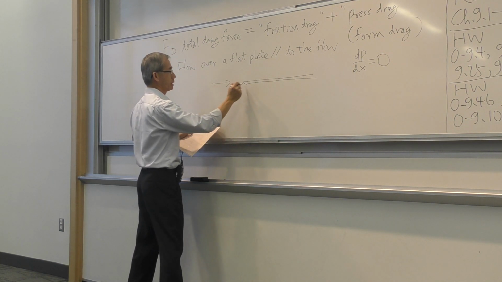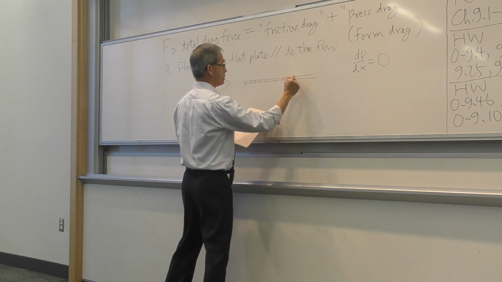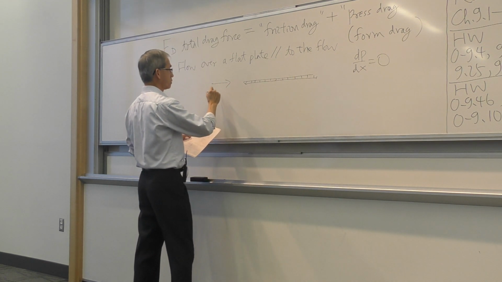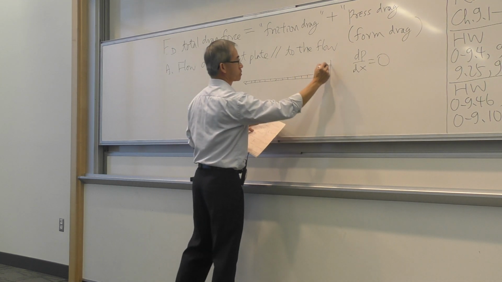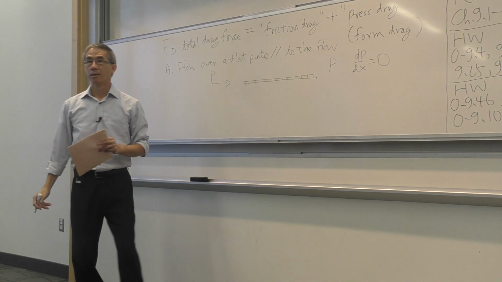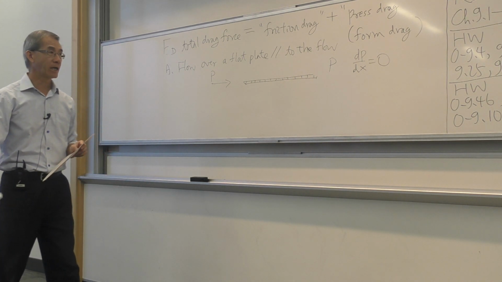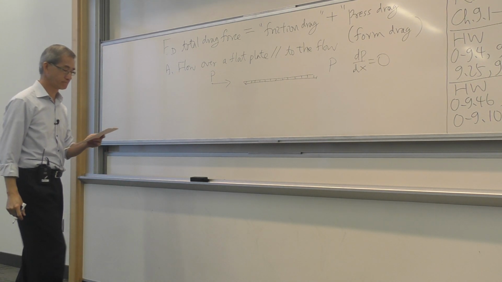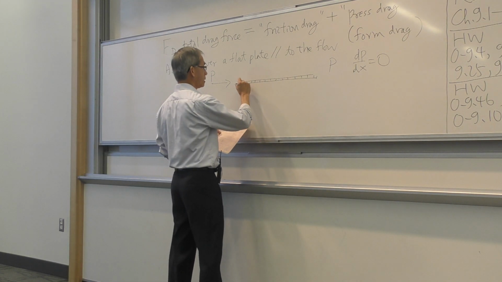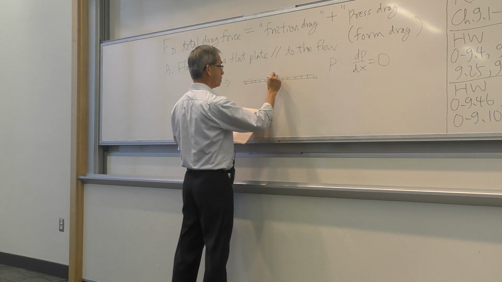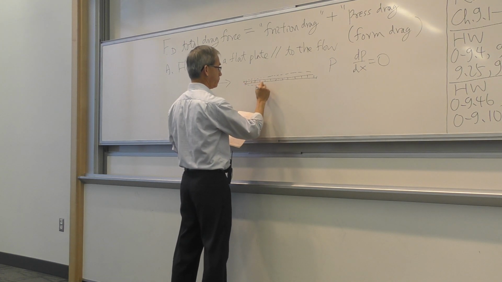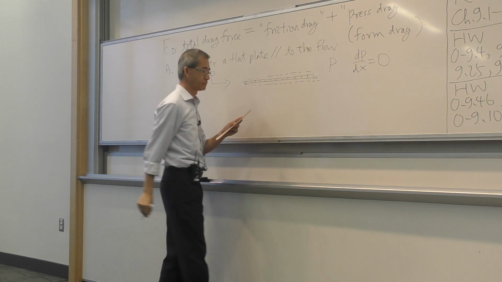And the flow is coming head on to the plate. And no pressure gradient, P upstream and P downstream are equal. And the flow just slides along the plate, developing an invisible boundary layer.